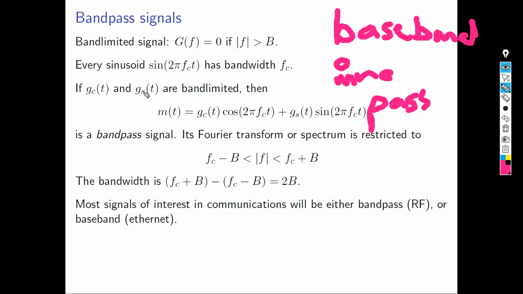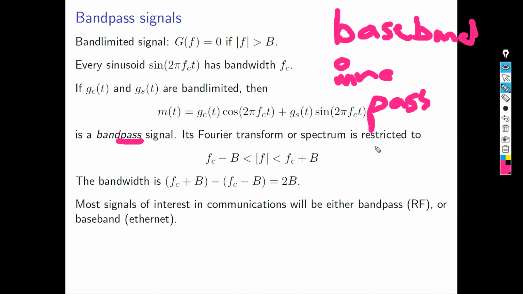If g_c(t) and g_s(t) are band limited, meaning they are defined over a certain bandwidth, and you have m(t), the modulated message, as g_c(t) multiplied by cosine plus g_s(t) multiplied by sine, then we call this message the modulated bandpass or passband. You can put this before or after, it's the same.